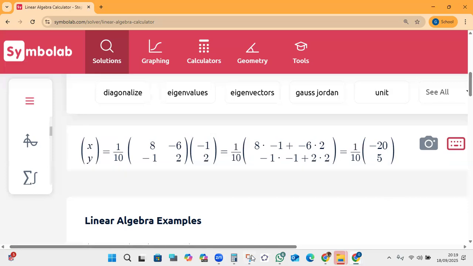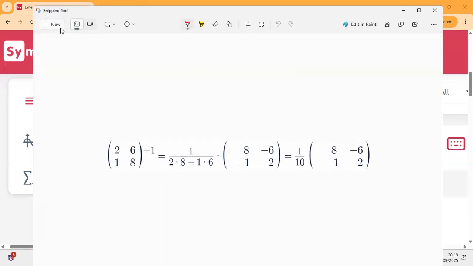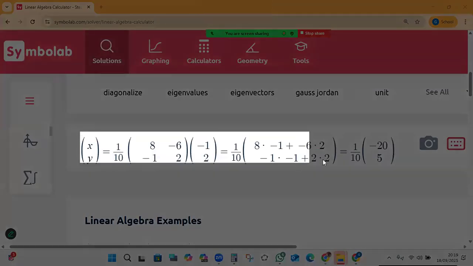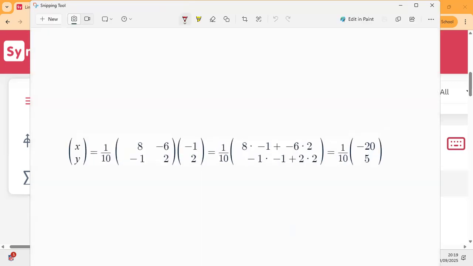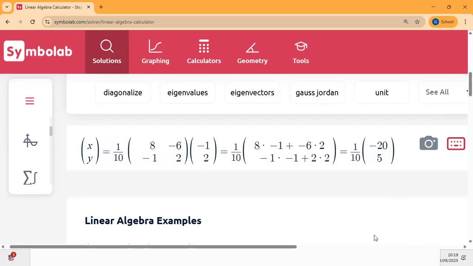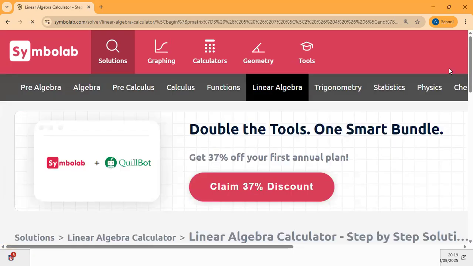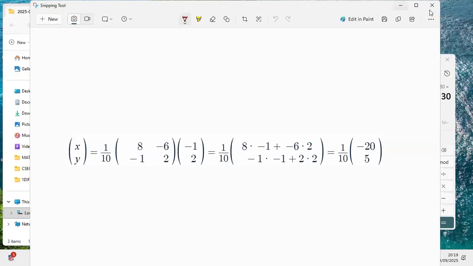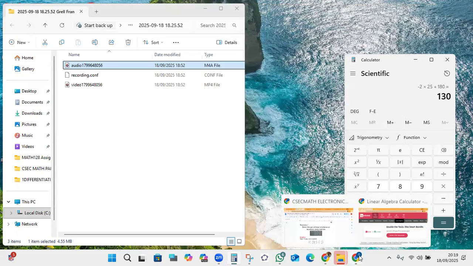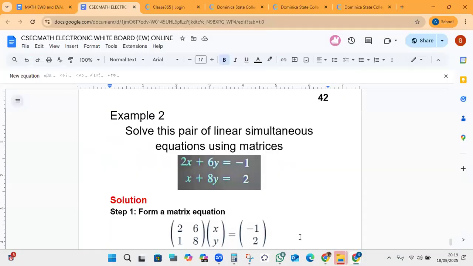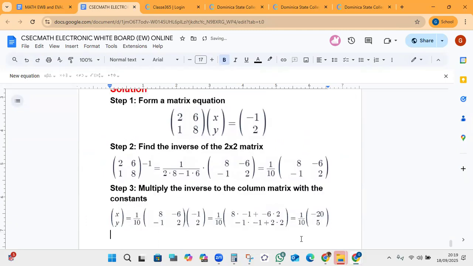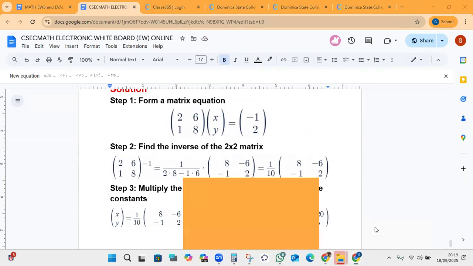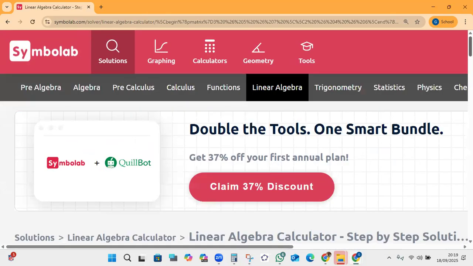Let me take a screenshot of this. So all of this is multiplying by the inverse. We're going to finally divide by 10.